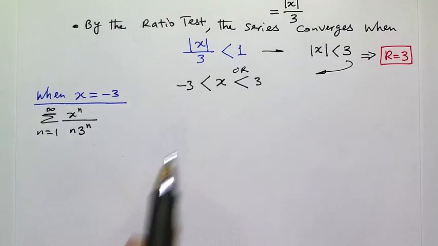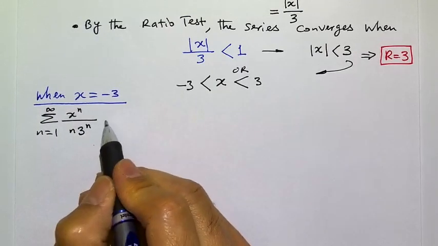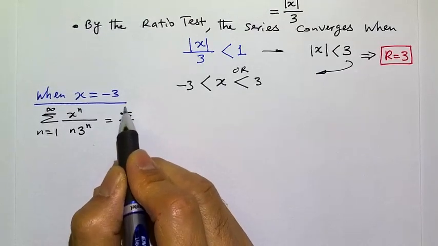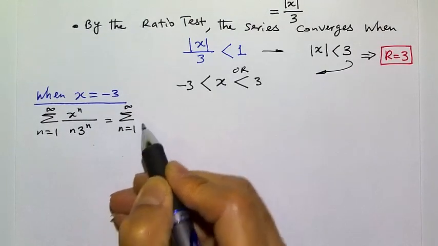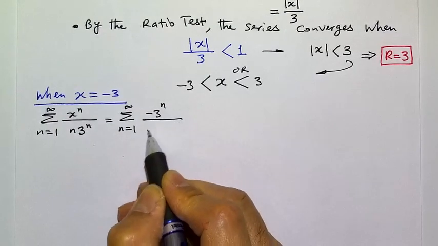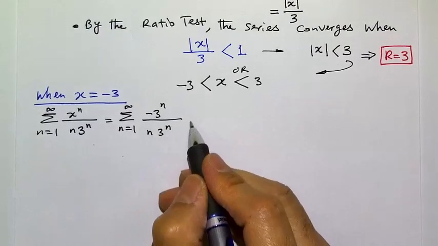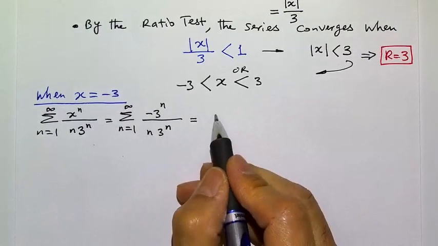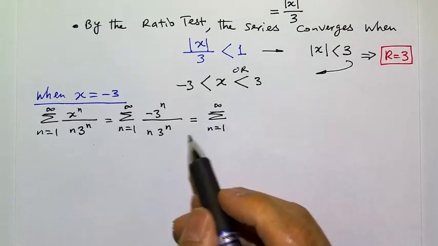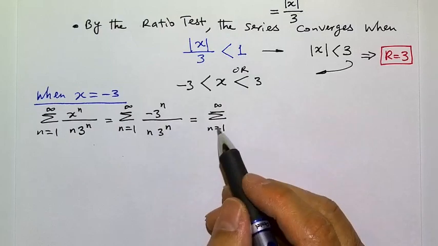When x equals -3, what happens here? Let's substitute -3 for x. And if we simplify this expression, we will get -1 to the n power over n.